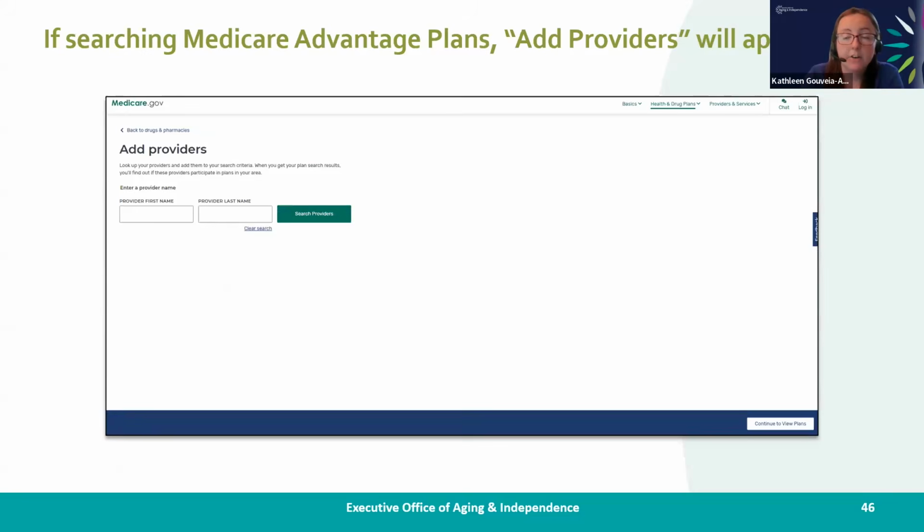If you selected Medicare Advantage plans as your search, Add Providers will then appear after you entered your prescription drugs and selected pharmacies to add. You can add multiple providers, which can include nurse practitioners, physician assistants, and doctors. Once you have selected Add Provider, it will include the providers on the blue ribbon on the bottom of the screen.